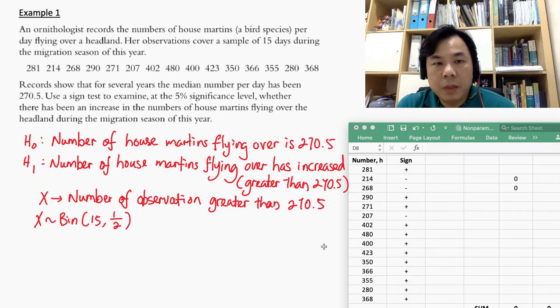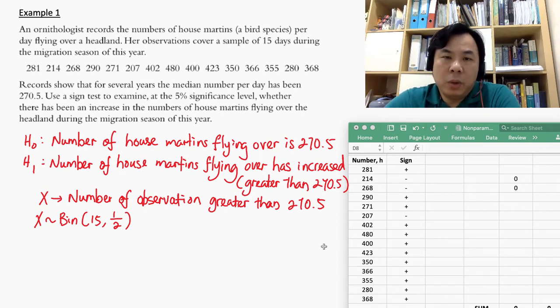All right. So therefore, the next part would be to identify what type of test you are carrying out, whether it's a one-tail test like what we did just now, or a two-tail test, or another one-tail test, but the tail is on the other side. Like just now we have done a left-hand tail.